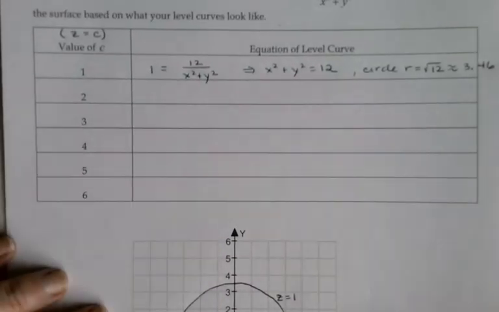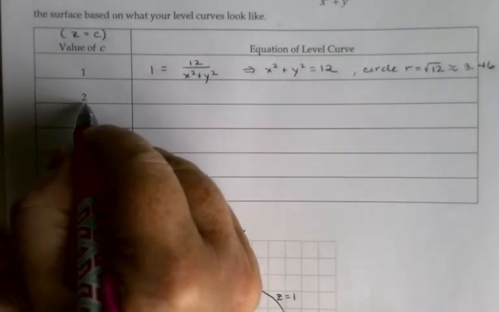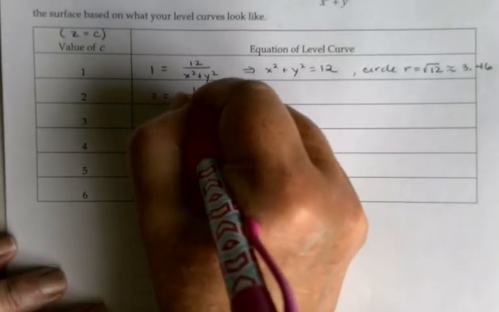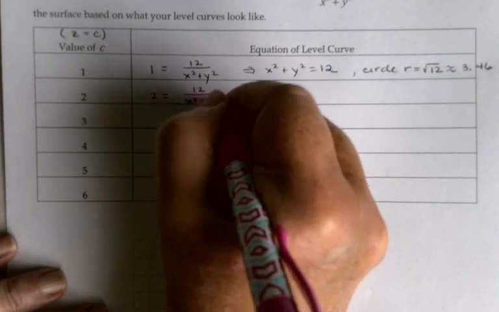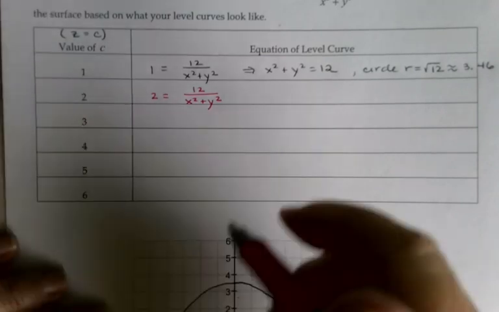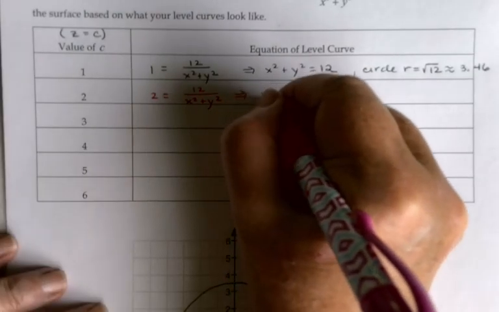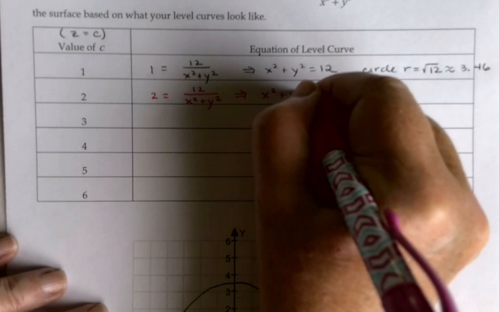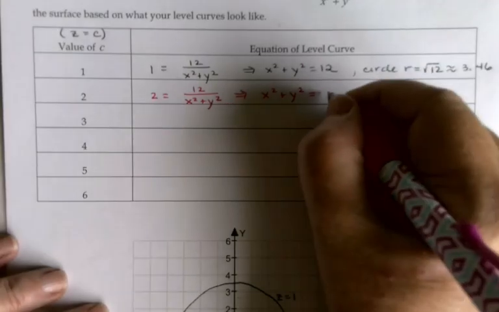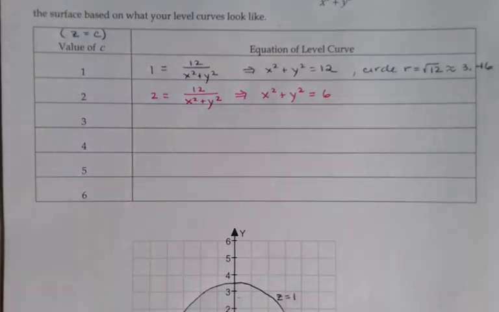All right, let's do this a couple more times. If I've got 2 for the value of c, I could again take the x squared plus y squared over. And if I divide the 2 into the 12, this time that's equal to 6.